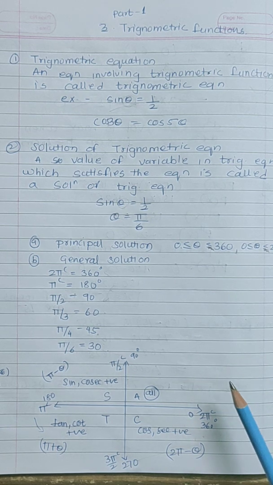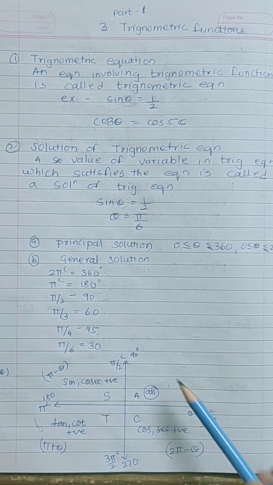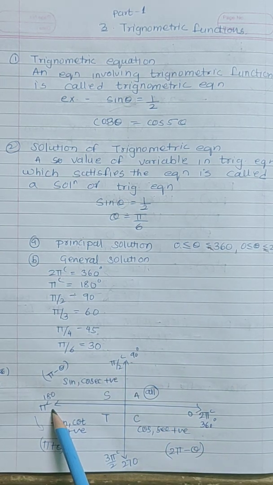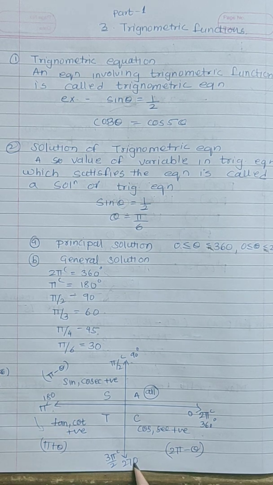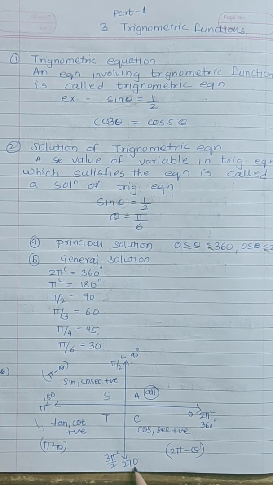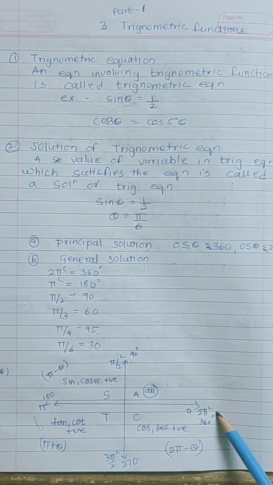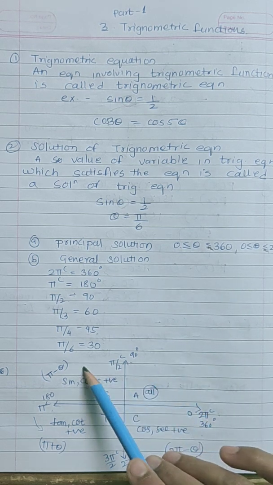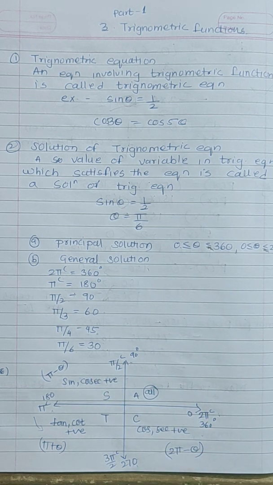So this is 0, here it is 90 degrees or pi by 2, here it is 180 or pi, here it is 3 pi by 2 or 270 degrees, and here 2 pi means 360 degrees. Okay, now this is the first quadrant, second quadrant, third quadrant and fourth quadrant.